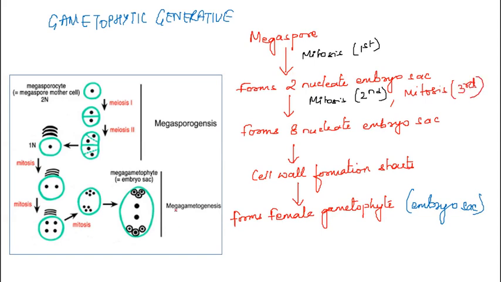These 8 nuclei will undergo cell wall formation and are arranged into the 7 celled condition. The 2 polar nuclei will form 1 cell later; I'll discuss that. So 8 nuclei will be arranged into the 7 celled condition.